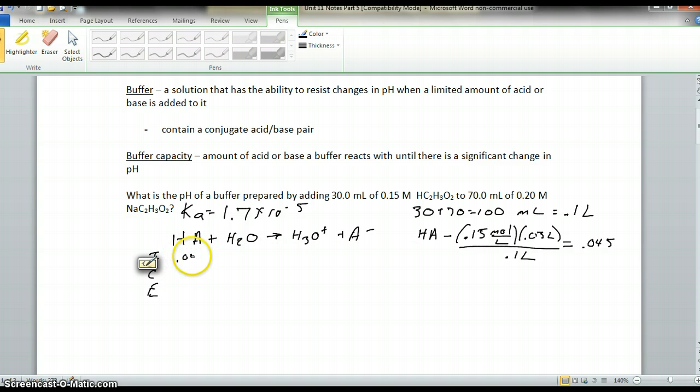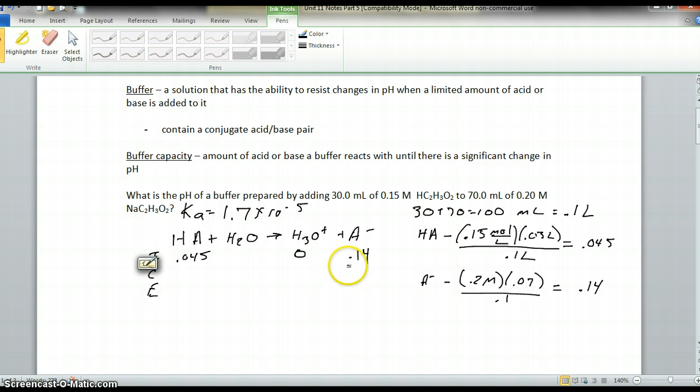We can put that right here, 0.045. And for A minus, the acetate ion, we had 0.2 molar in 70 milliliters, so 0.07, over the 0.1 again, same process that we were just doing. This is 0.14, so that's A minus.